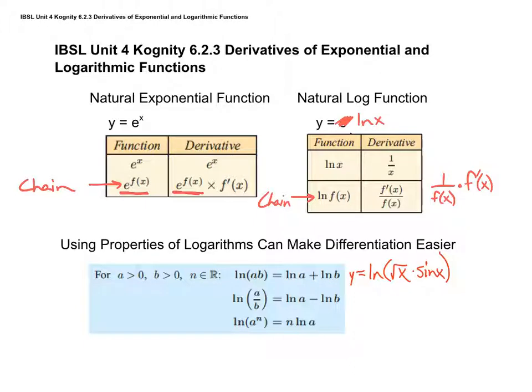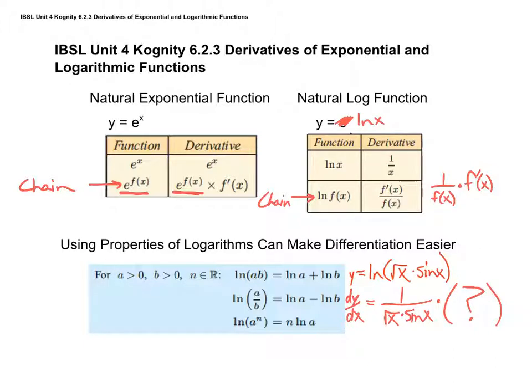We don't know how to find the derivative of those two things multiplied together. Because as you are doing the derivative, you might say, okay, well, dy/dx is going to be 1 over radical x times sine of x, times the derivative of radical x times sine of x. And this is what we don't know how to do yet.